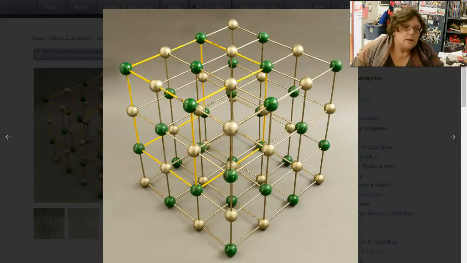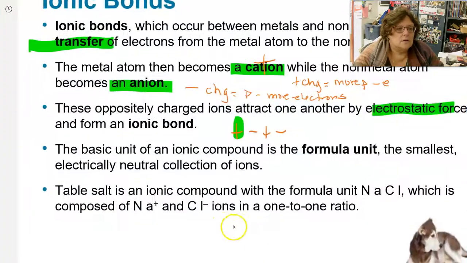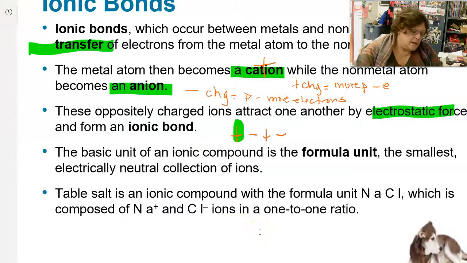You've got a repeating pattern here: sodium, chlorine, sodium, chlorine, sodium, chlorine, sodium, chlorine. It sets up for what we call a crystal lattice. All right, and the basic unit of that is whatever the smallest ratio is, which is called the formula unit.